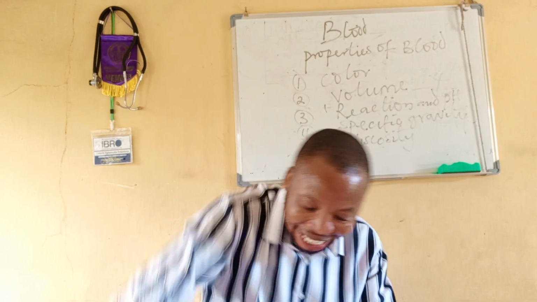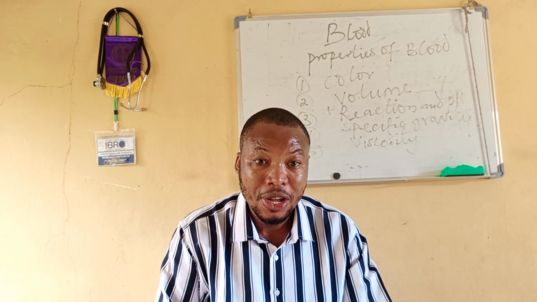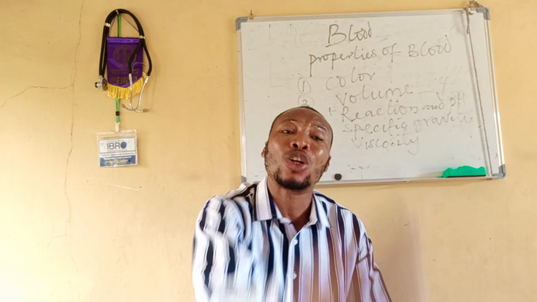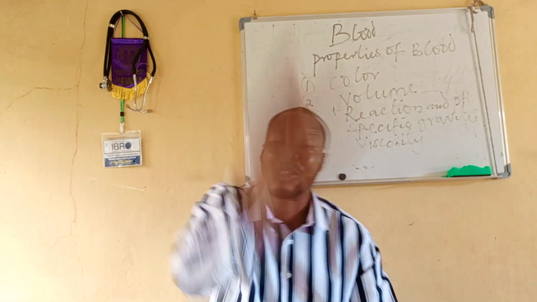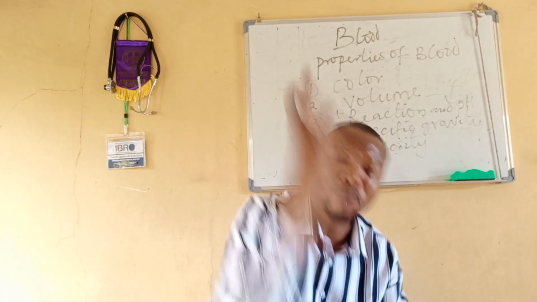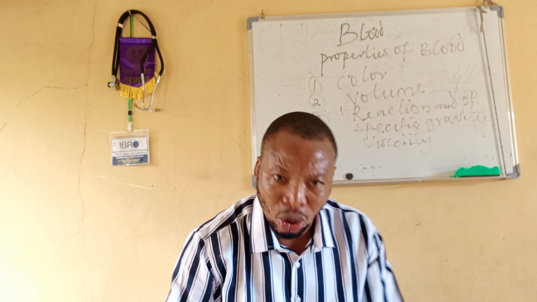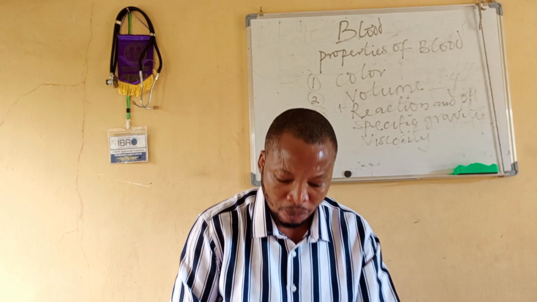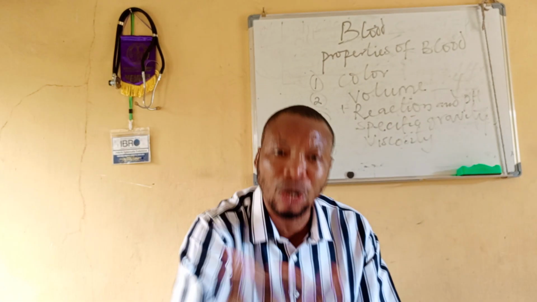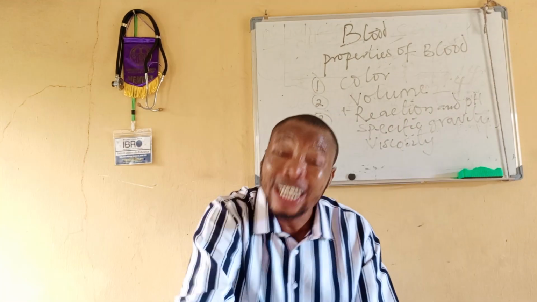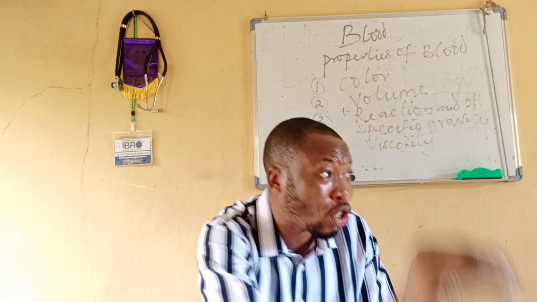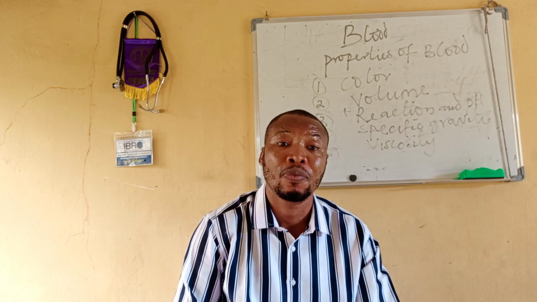And when they are needed, the body can easily source for all these substances like water, like protein, like glucose, like sodium, like potassium. When there is fluid loss, when there is starvation, when there is electrolyte loss, the body can easily source for all these substances.